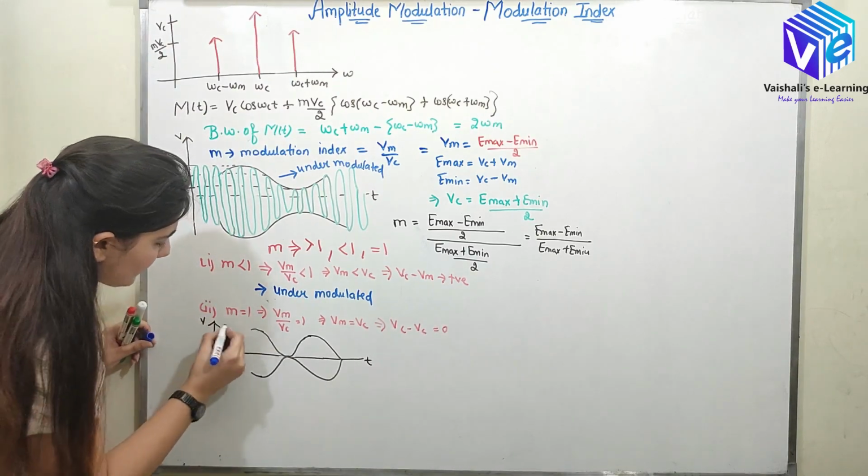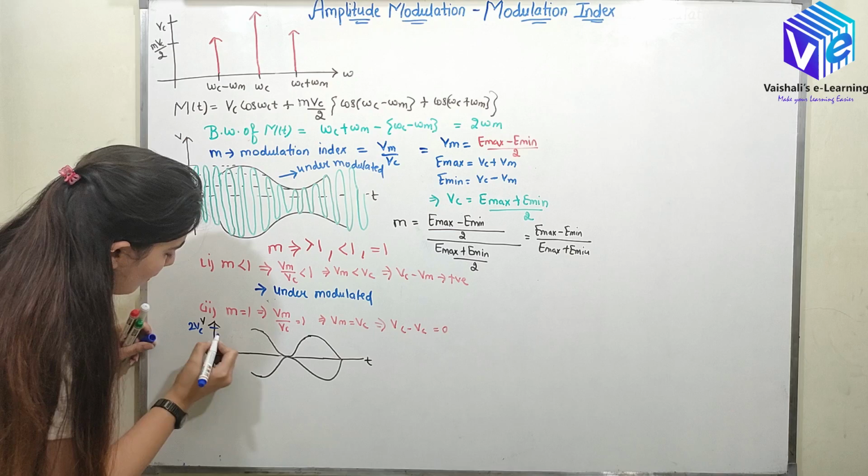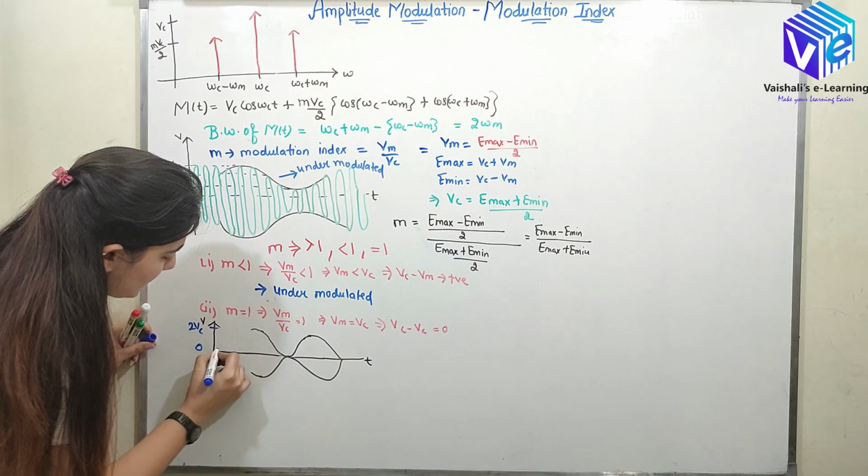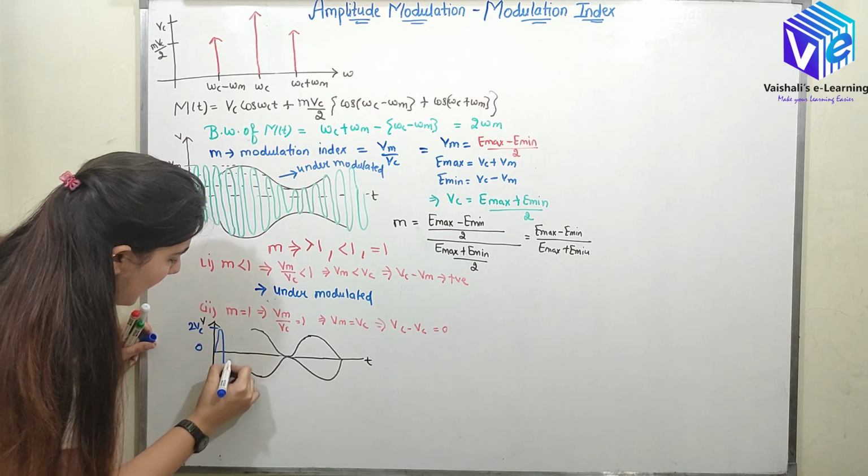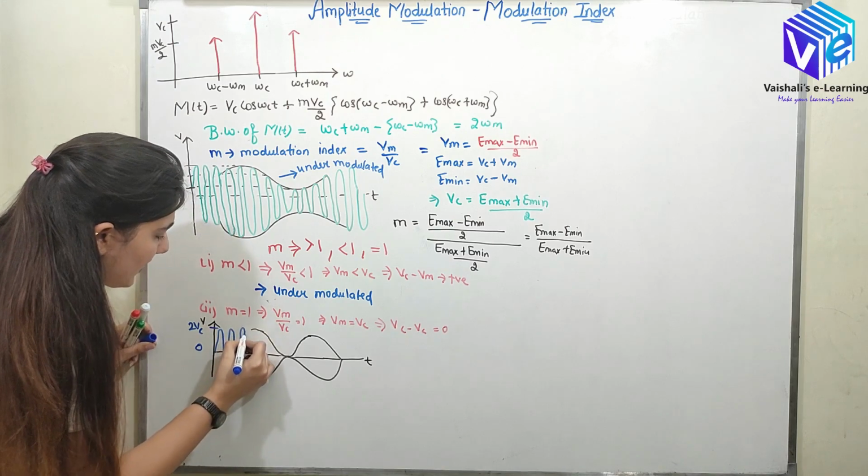Here the maximum amplitude would be twice of Vc and the minimum amplitude would be 0. So it is the carrier signal, it is represented like this.